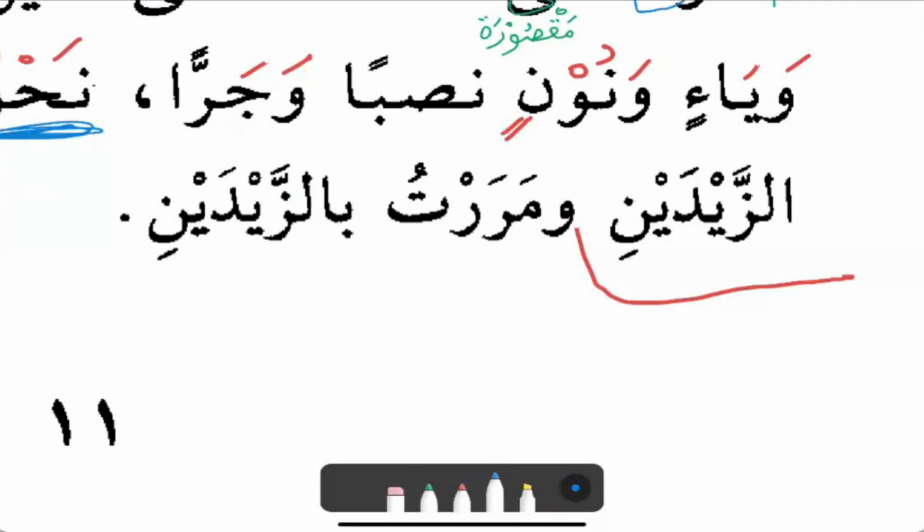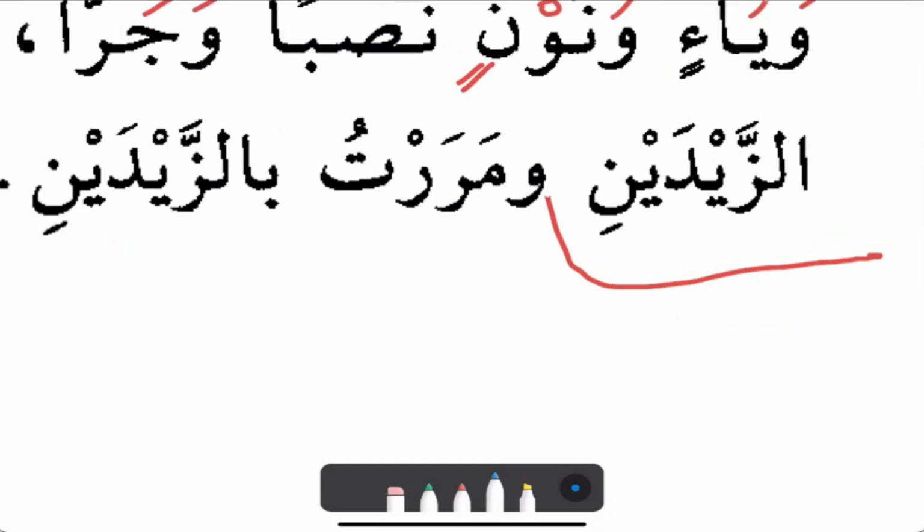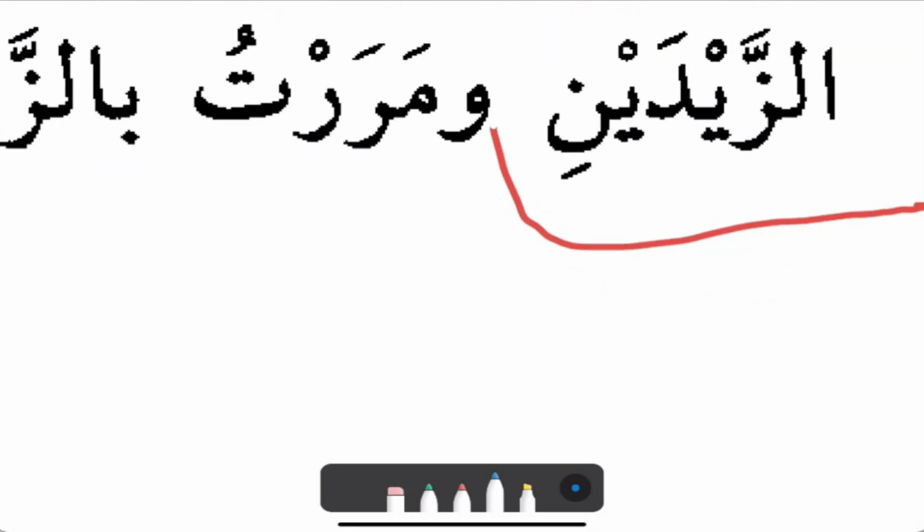الزيدين, the two Zaids. So الزيدين مفعول به is direct object for the verb رأيت, I saw. So then it should be what? Mansub. That's what you should know automatically. Really, by now, if you've been studying since Qatrun Nada, then this should be clear for you. Mansub.